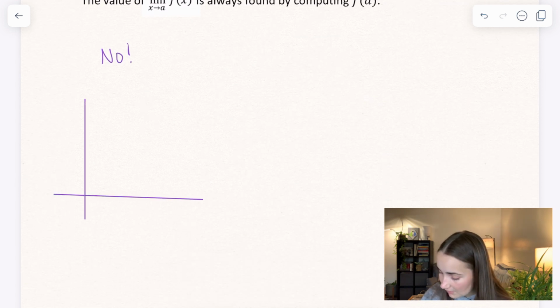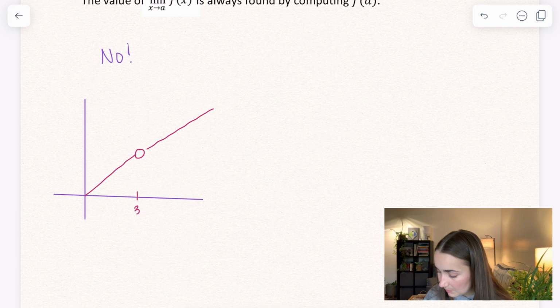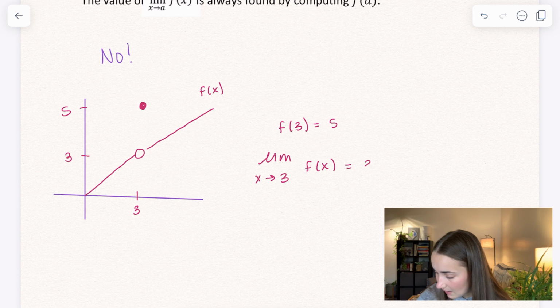So let's pretend we have a function right here, and let's find a hole. I'm going to set a hole right here, maybe at x equals 3, and I'm going to fill in that hole higher up. I'm just deciding random numbers, right? So if this is f of x, we have f of 3 is actually defined at 5, but the limit as x approaches 3 of f of x is going to be approaching a value of 3.